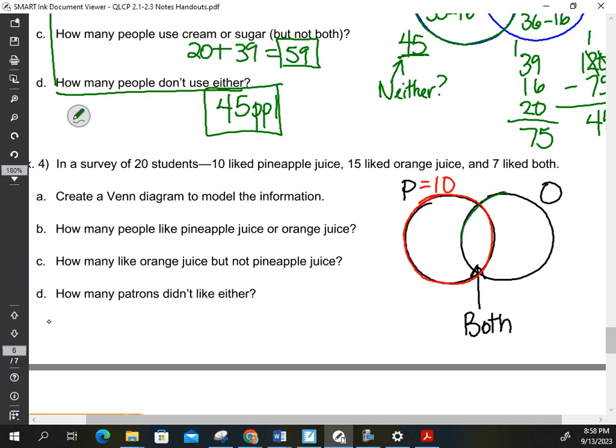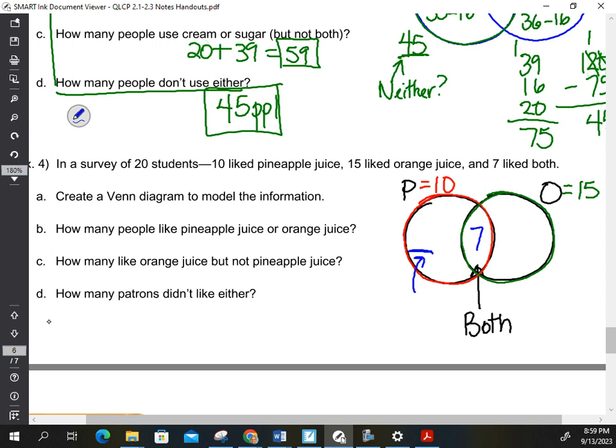The entire orange juice circle, no matter what, has to equal 15. So 7 is in the both category, and everything in the pineapple circle has to add up to 10.